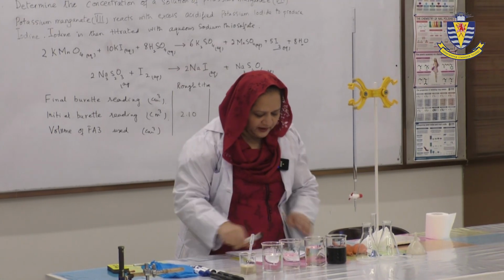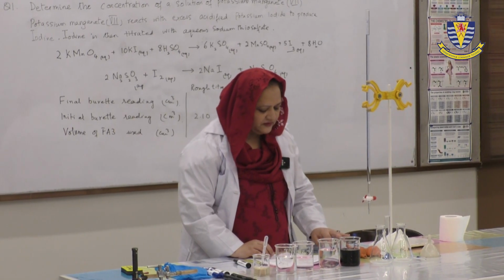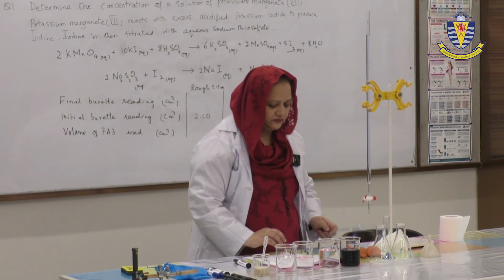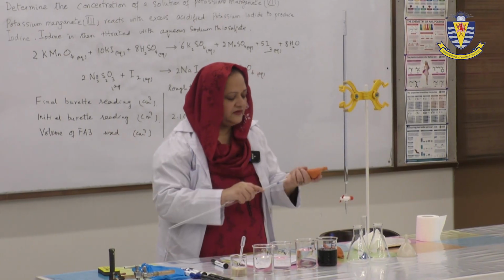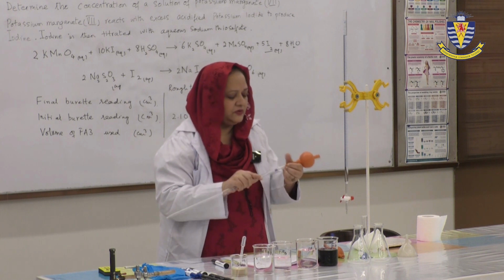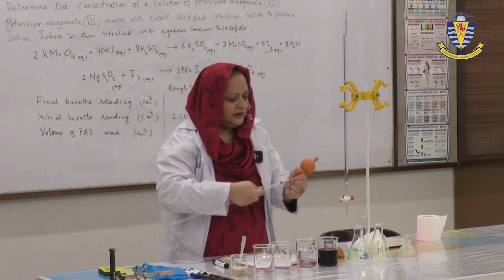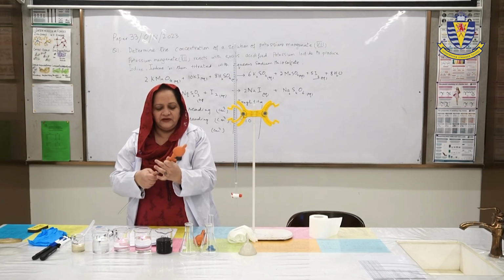The next part is that you are going to take 25 cm³ of FA1 into a conical flask. Pipette out the exact volume of 25 cm³. Place the pipette filler.